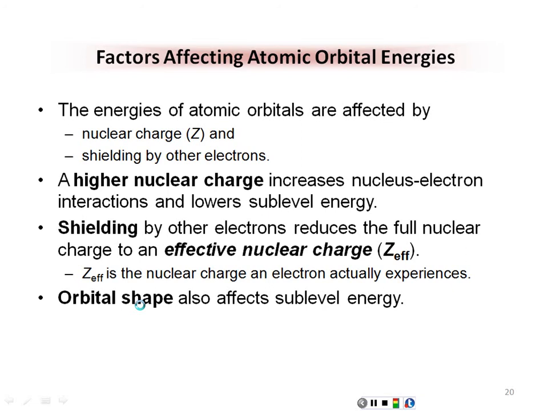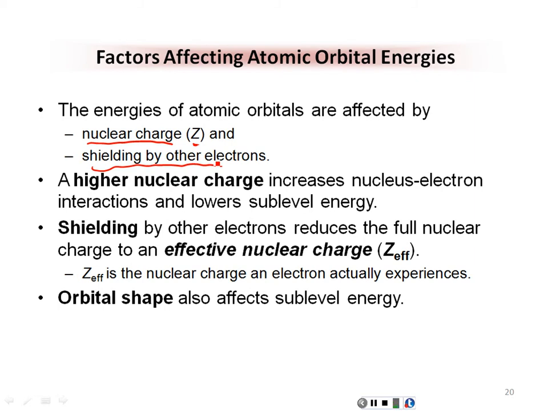Let's talk about some factors that affect atomic orbital energies. The energies of atomic orbitals are affected by, 1, the nuclear charge, which we call Z, and shielding by other electrons. Electrons are negatively charged, they repel each other, but there's an attractive force between them and the positively charged nucleus. A higher nuclear charge increases that nucleus-electron interaction, and that tends to lower the sublevel energy.